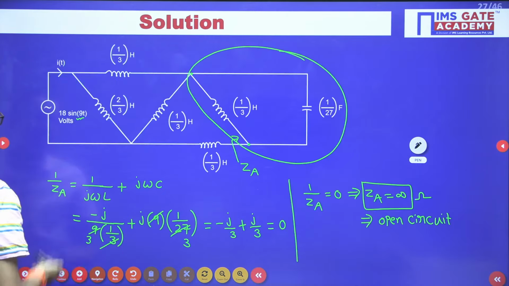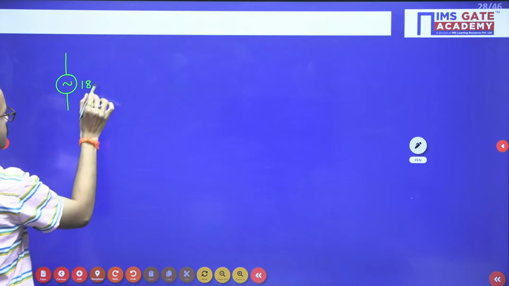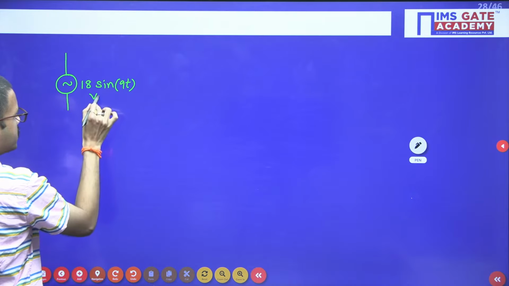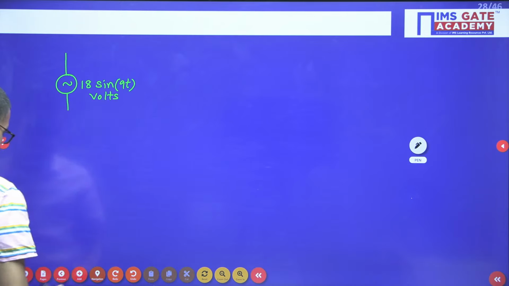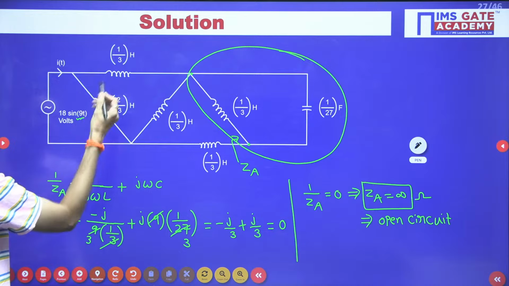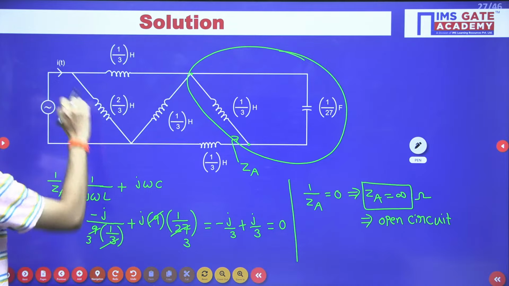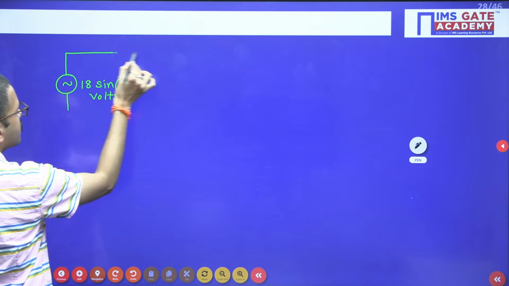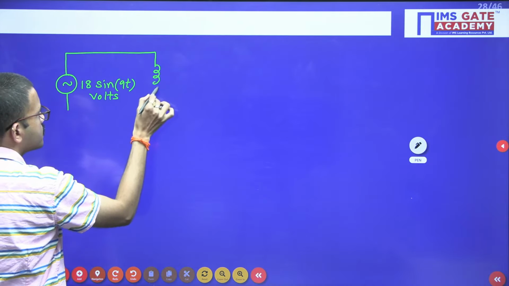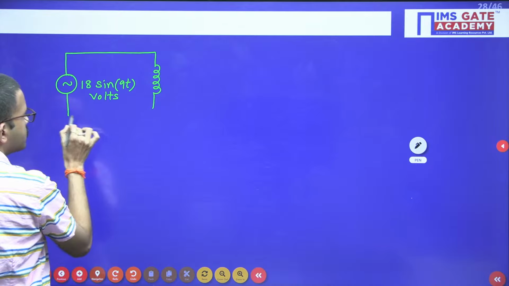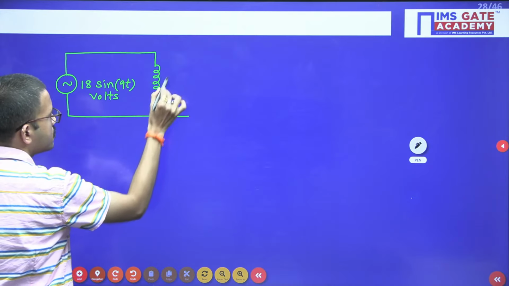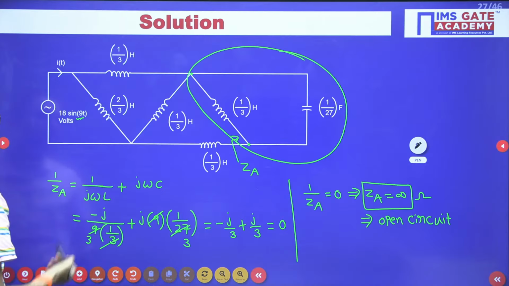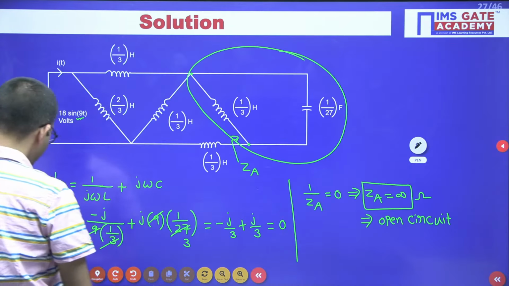Here you are having 18 sin 90 volts. Then here these 3 inductors I am considering: 2 by 3 Henry, then 1 by 3 Henry, 1 by 3 Henry.